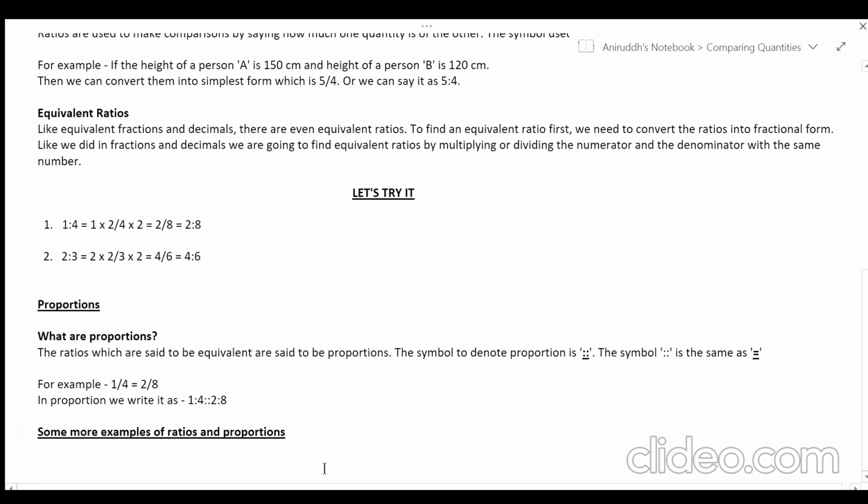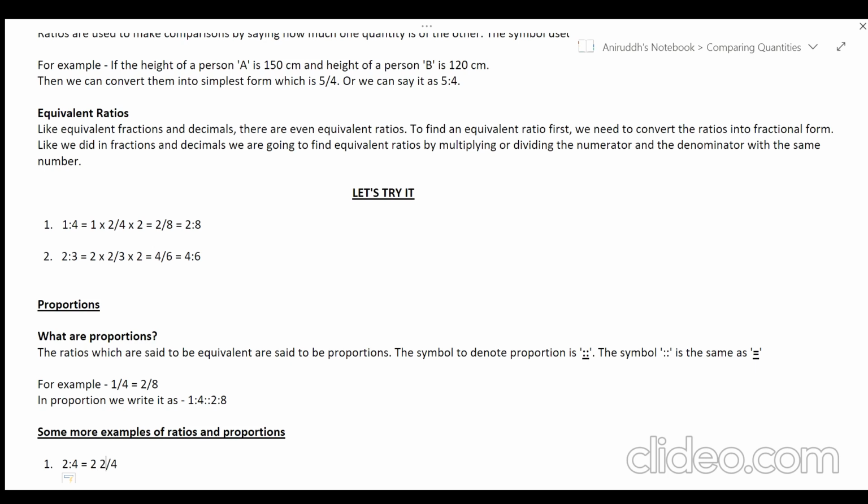So the first example we'll take is 2:4. So 2 is to 4. First we need to convert it into fractional form, 2 by 4. Now here we can either divide or multiply, but I am multiplying here.